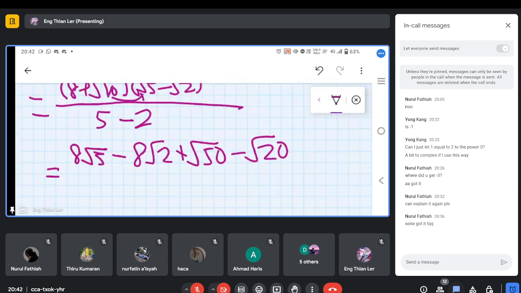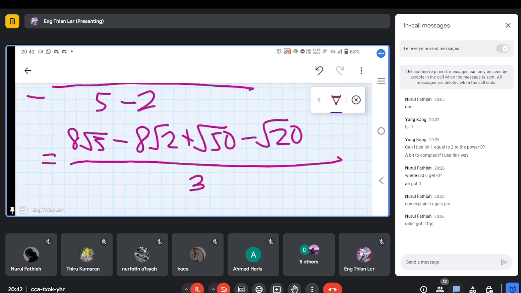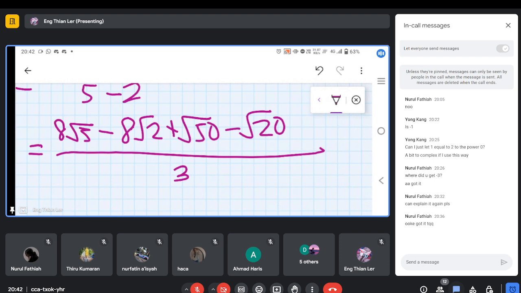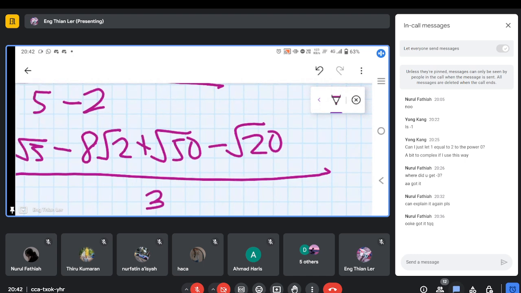If you don't know, it's just 10 times 2, but inside the root. The bottom, 5 minus 2, is 3. It seems like there is no way to simplify, right? But actually we can. Look at the 50 and 20.